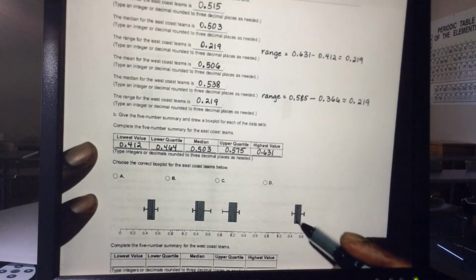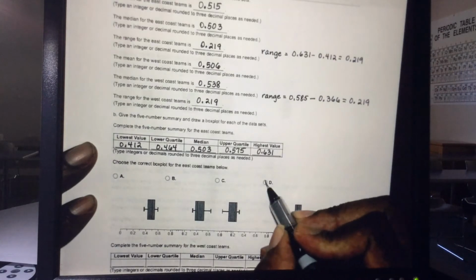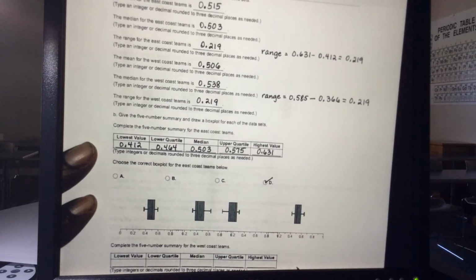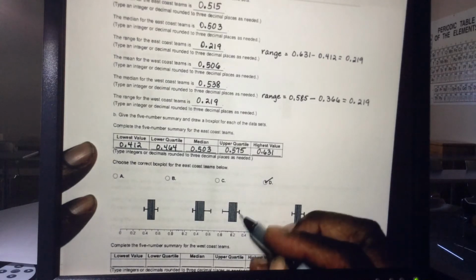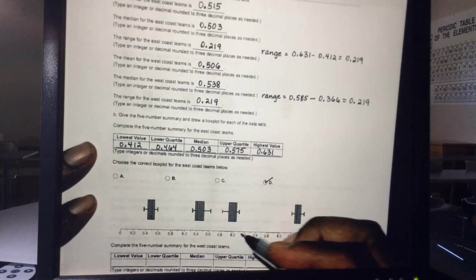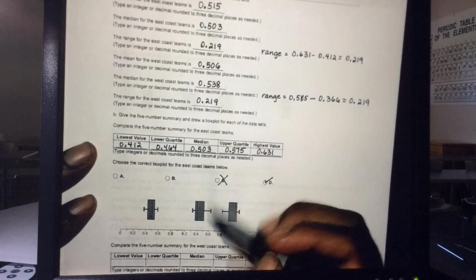Okay, let's see. Based on this, it'll have to be D. Has to be D. Because I know C would not be it, because this highest value is somewhere between 0.2 and 0.4. That's not close to 0.6.